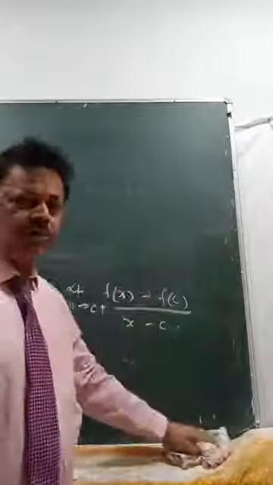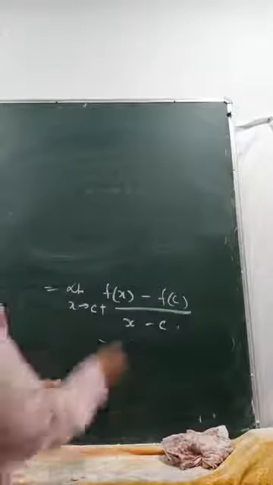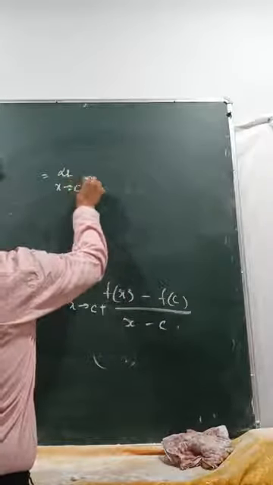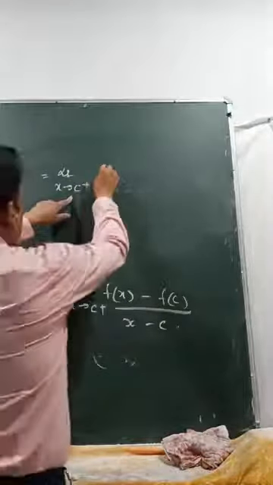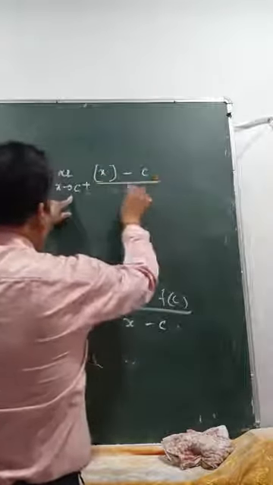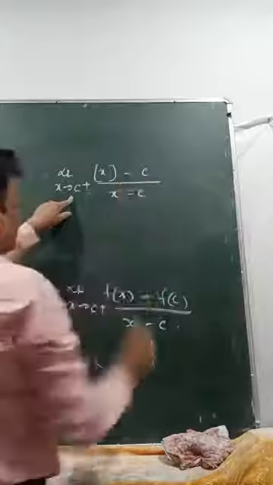So how are you going to solve this? This is limit x tends to c plus, box of x minus box of c, by x minus c.